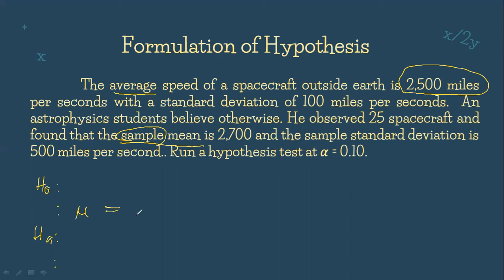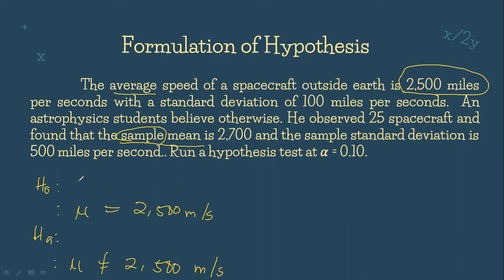So we have here mu must be equal to 2,500 miles per second, and mu is not equal to 2,500 miles per second. So ngayon po, kailangan na po nating i-turn into worded form.